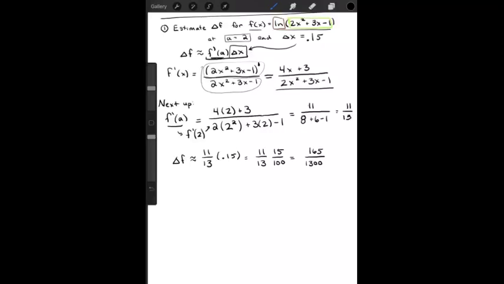So I'm going to give it a little bit more dead air here to see if anybody has any questions about any of the steps that we worked through here.